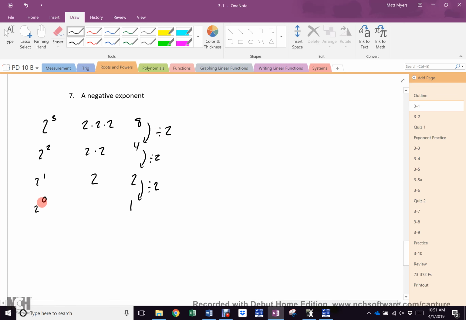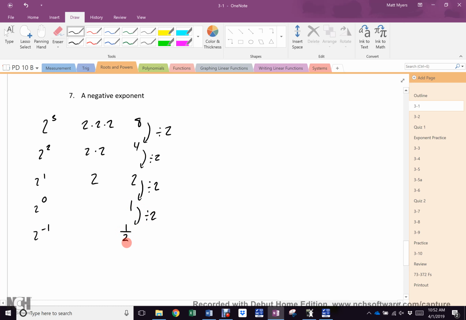So logically, what is the next exponent? 2 to the negative 1. Okay, so what does that mean? That means 2 multiplied negative 1 times. Does that make any sense? No. But this continues.